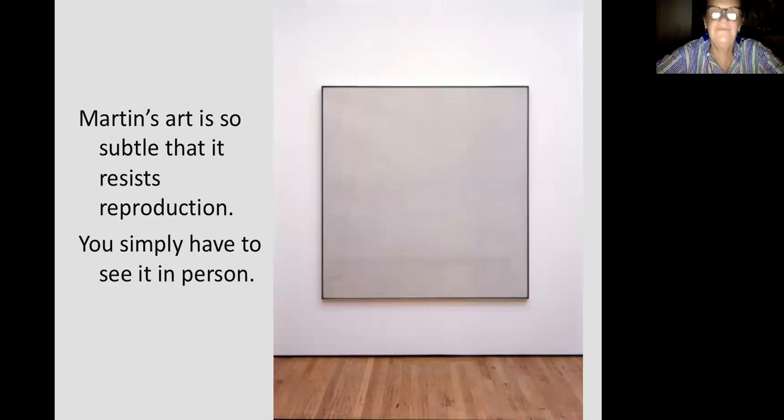That photograph looks like we've got a blank canvas with possibly a pale gray wash over it. That is not what's going on there. She does tiny, hand-drawn pencil grids across her surfaces, and they are so subtle and evocative that you can't see them in most reproductions.